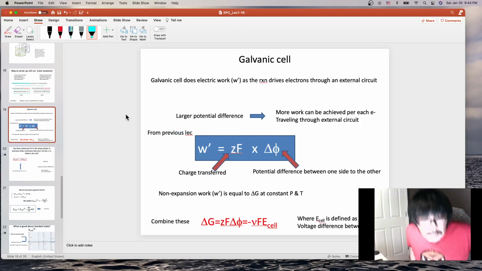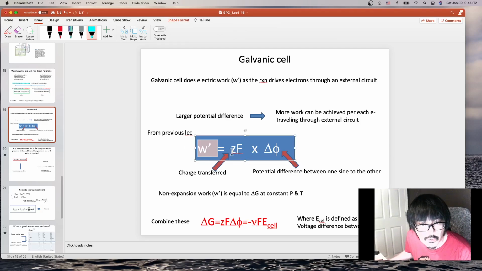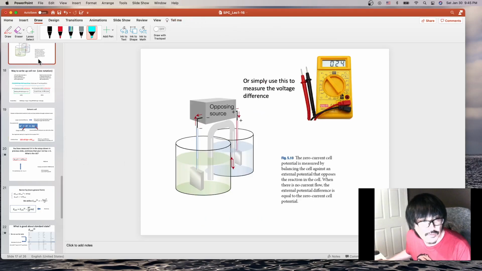So in the previous lecture, we did talk about the non-expansion work by bringing the charge from one place to the other, right? That was given by this formula right here. Now if you think about it being electrons, then your potential changes, right?